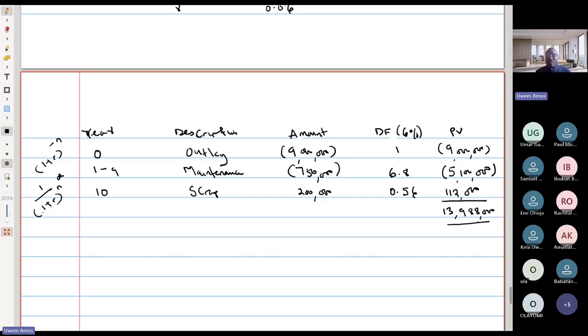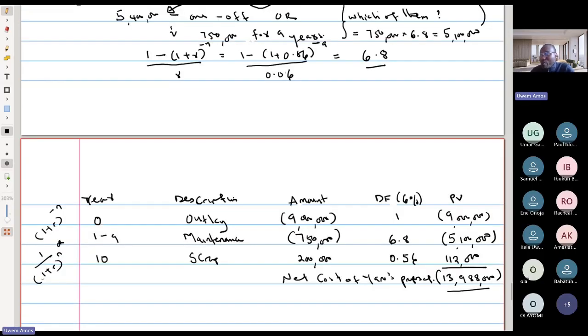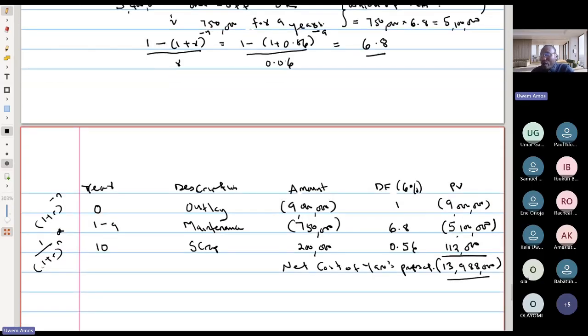So this is a negative, which is the net cost of Yaro's proposal. Any question on our calculation on Yaro's proposal? You can make use of the hand raise feature, which is the reason why we are here really, so that we can all just run back if there is.